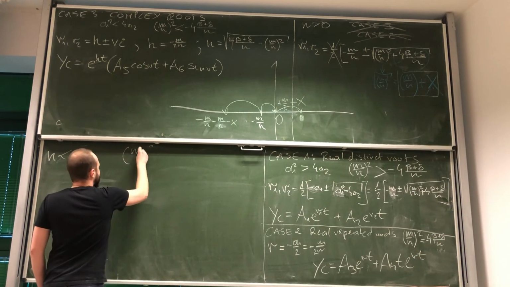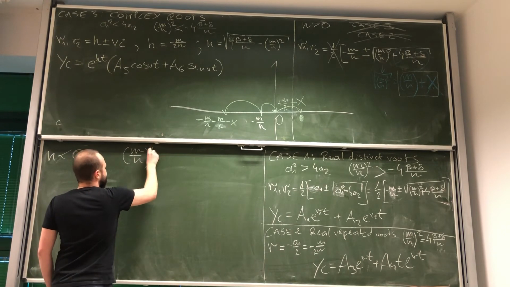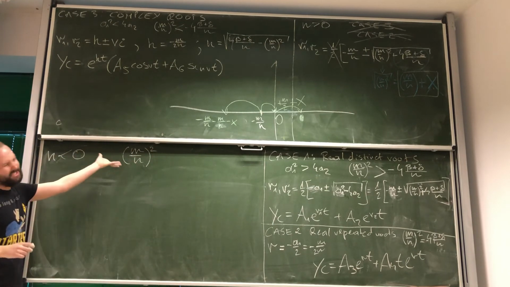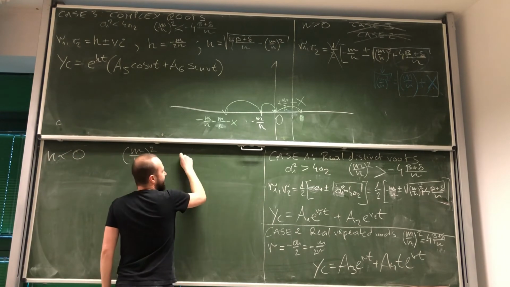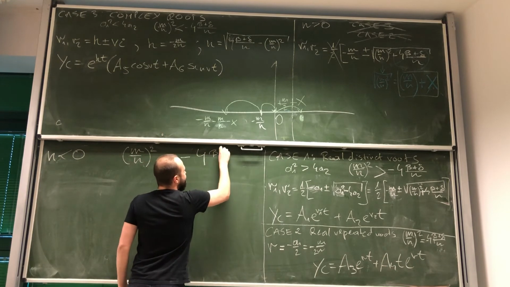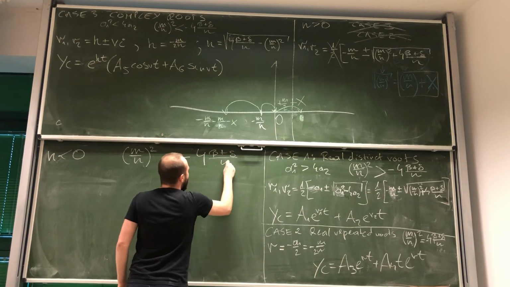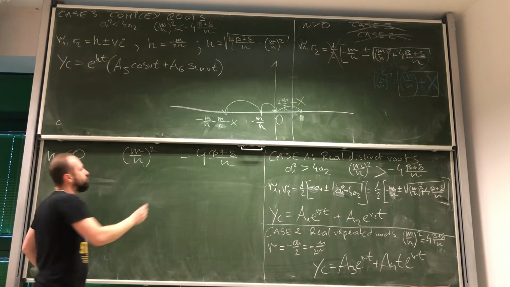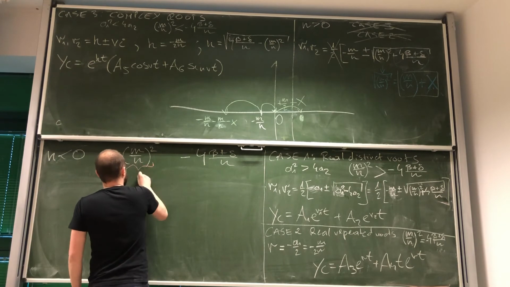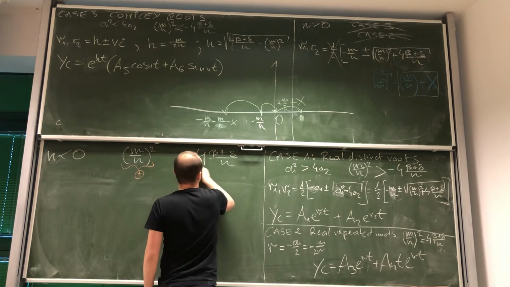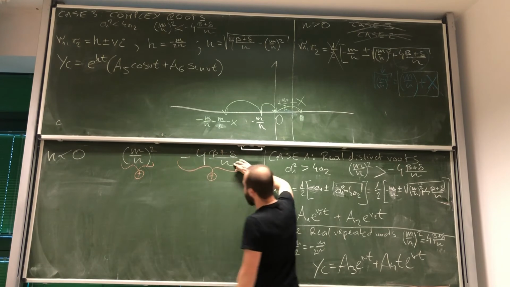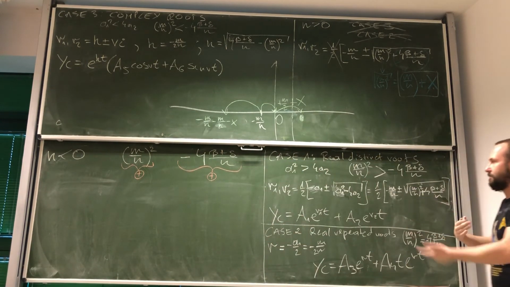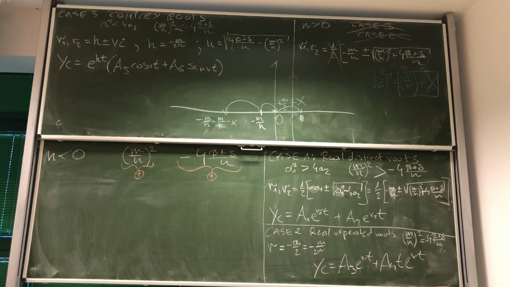M over n squared. Of course, this is still positive, right? It's in square. But now, negative 4 beta plus delta over n is also positive, right? So we've got here two positive numbers, right? Because with n being negative, this minus and this negative n cancel each other out. We've got two positive expressions.